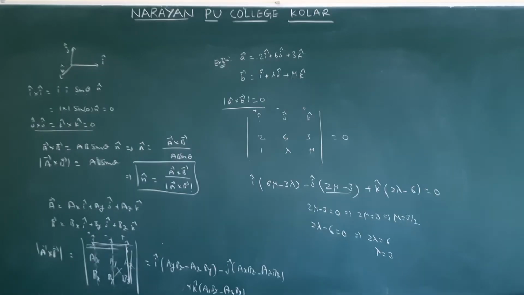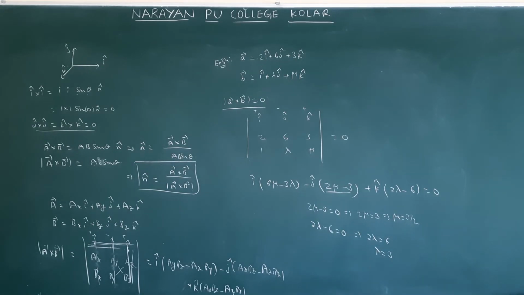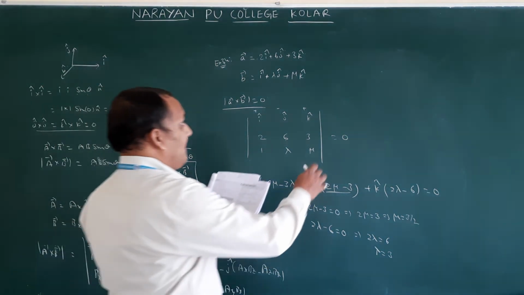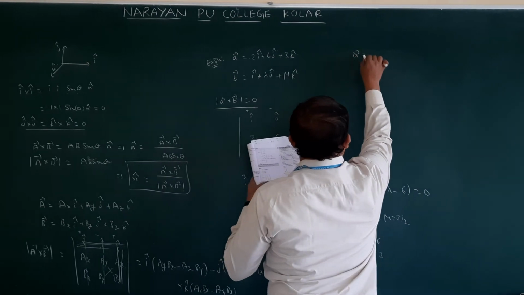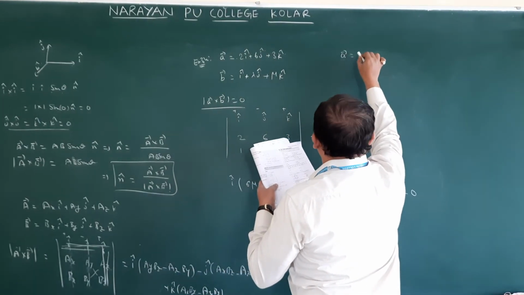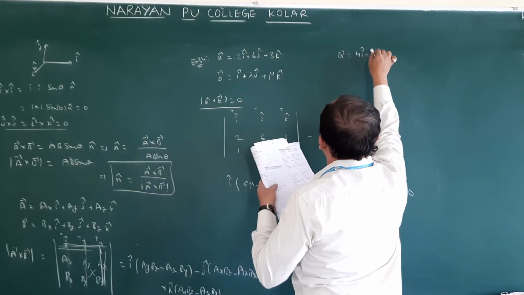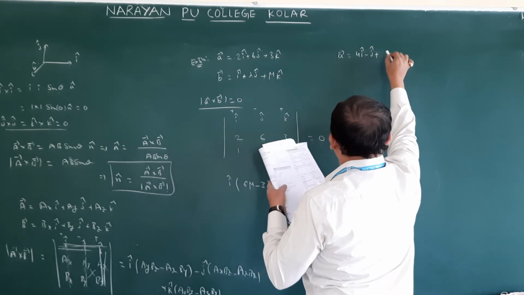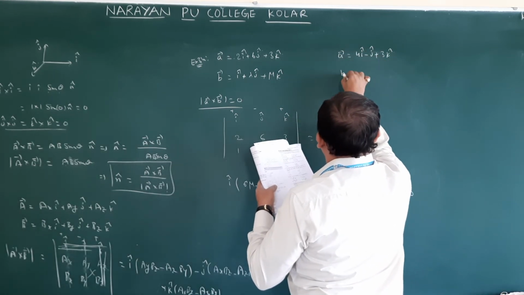See example 35. In example 35 they are asking to find a unit vector perpendicular to each one of the vectors A bar and B bar. That one also we will try to do. A bar is equal to 4 I cap minus J cap plus 3 K cap.